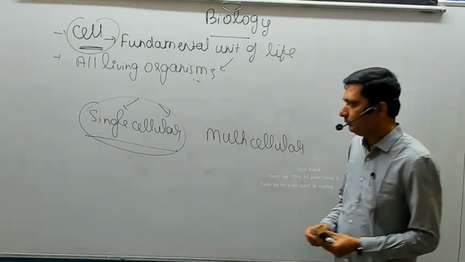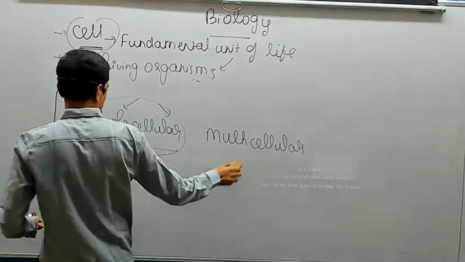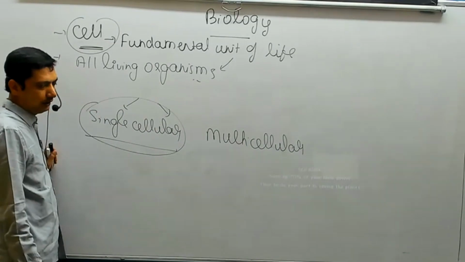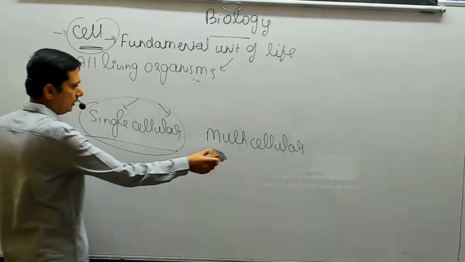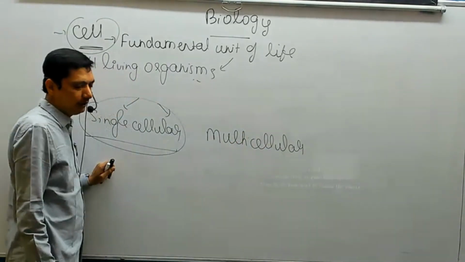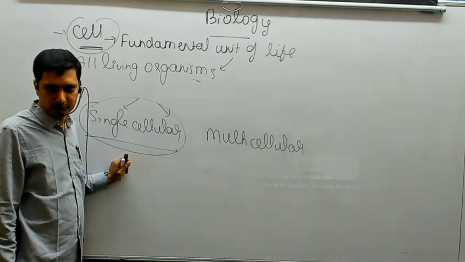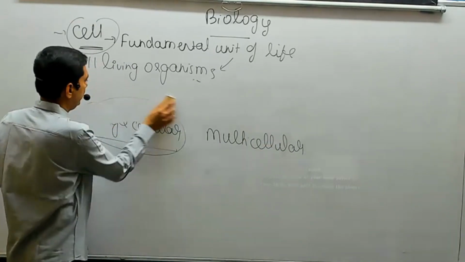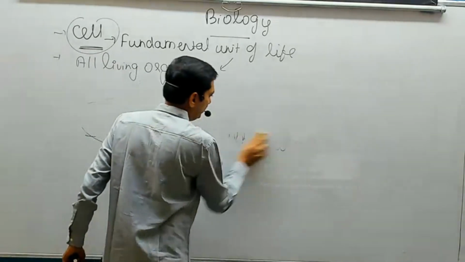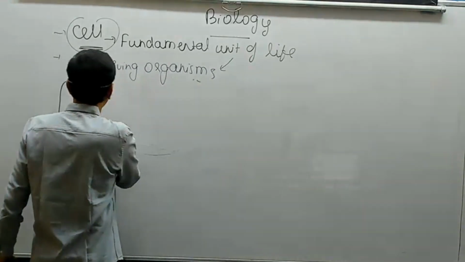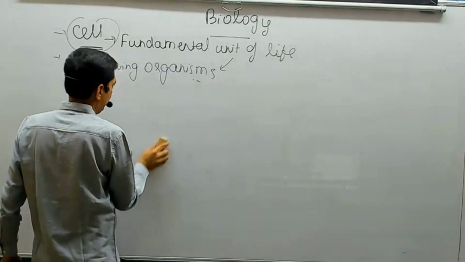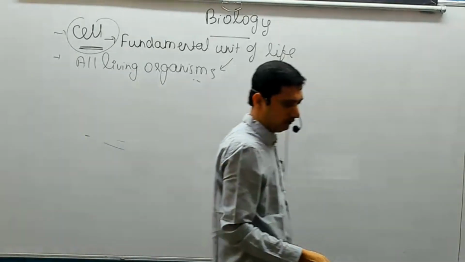I was telling you that we have organisms which are single cellular, and some are multicellular organisms. In multicellular, we also looked into the hierarchy of these organisms. Now let's learn about the different types of cells. Two kinds of cells we mainly see.